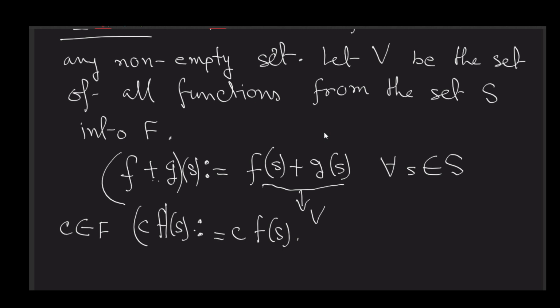That is the way we are trying to define it. Then only it will form a linear space. And perhaps now you are getting the idea of how we can consider it a vector space.